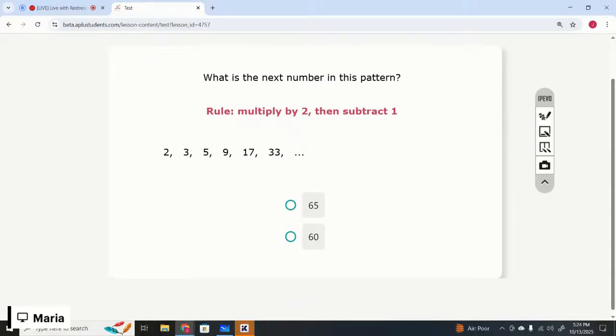What is the next number in the pattern? Multiply by 2 and then subtract 1.